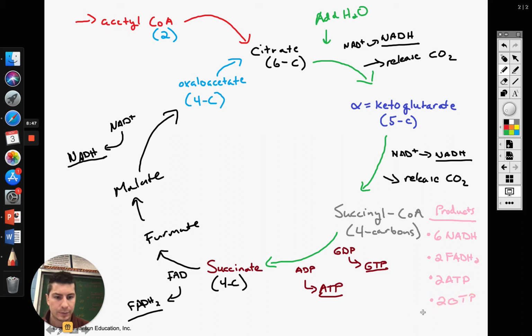And then lastly, we're going to release a total of 4 CO2s. So there is your Krebs cycle or citric acid cycle.